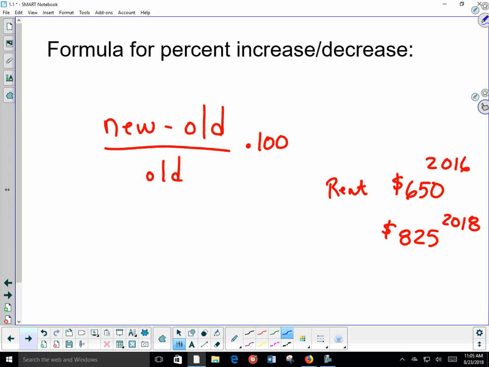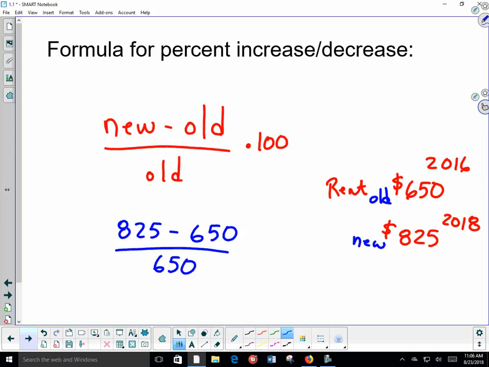Well, this was the old rent. This was the new rent, and so we would use this formula. We would say 825 minus 650 divided by 650. And once we get that answer, we're going to multiply that by 100.